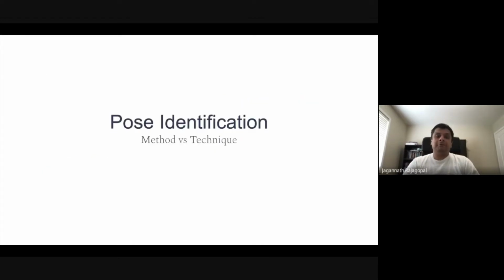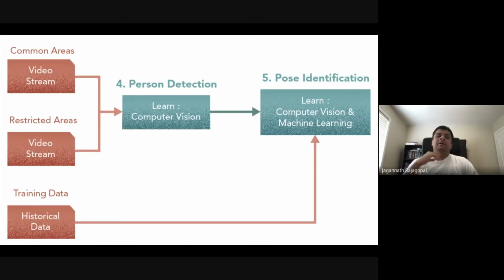Next, we have pose identification. Here, we take the output of the person detector and we use that for pose identification. Also, there's historical training data that can be used for this purpose as well. The process itself uses a combination of computer vision and machine learning. There's 3 steps.